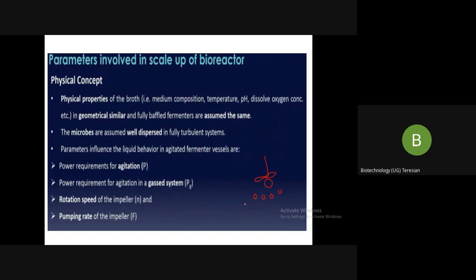So easily the air can pass into the media. So the more the rotational speed, your gas bubbles will be disintegrated into smaller bubbles, which increases the surface area and also increases the mass transfer.